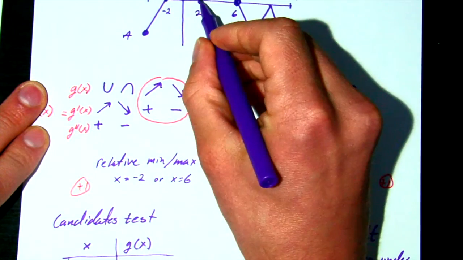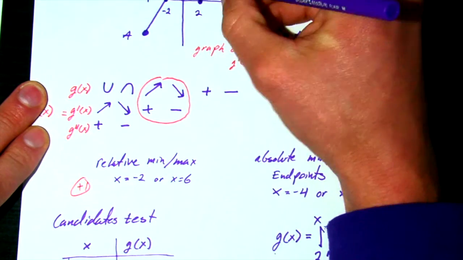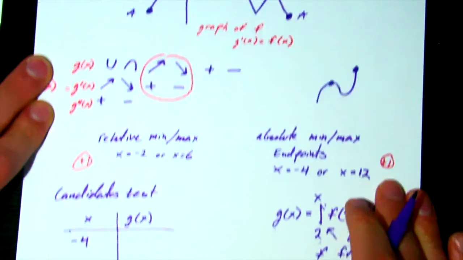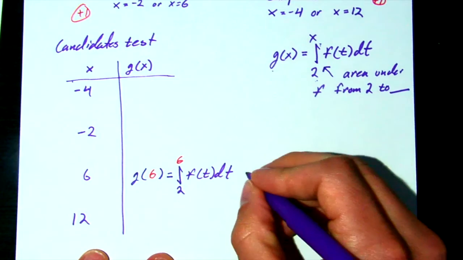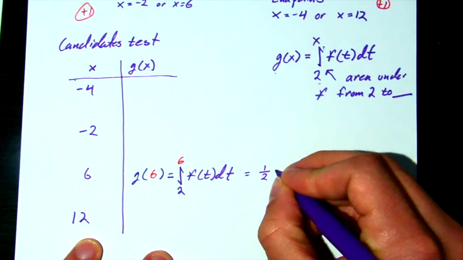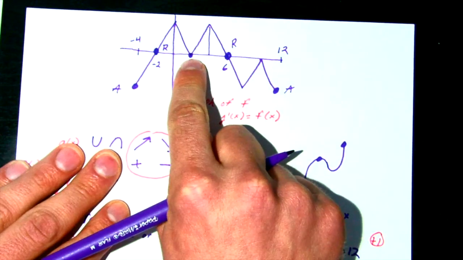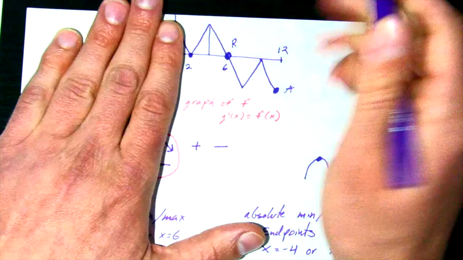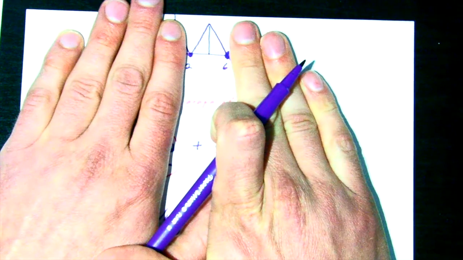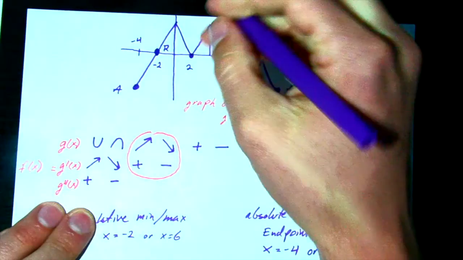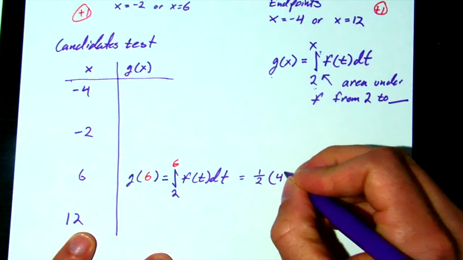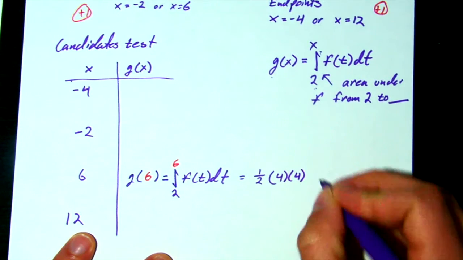I'm going from 2 to 6. So this is a triangle. I'm just going to do 1/2 base times height. So that's equal to 1/2. The base of this triangle from 2 to 6 is 4. It doesn't include this part right here. We're only doing from 2 to 6. I think I saw a few people make that mistake. And the height, I forgot to draw this in. The height is a positive 4. So all I'm doing is 1/2 times 4 times 4, which equals 8.